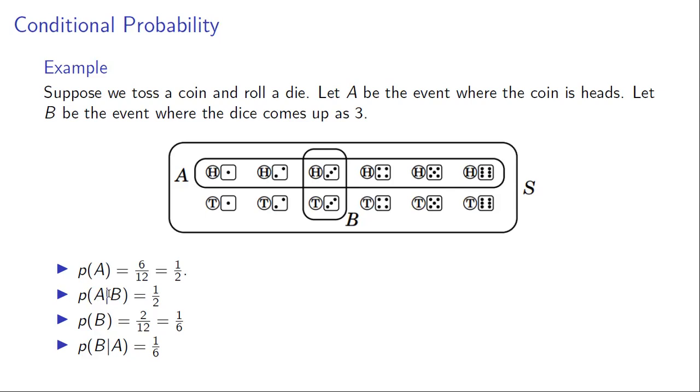Similarly, the probability of B was 1/6, and knowing that A occurred didn't tell us anything about B. The probability of B given A was still 1/6. So in this case, we say that A and B are independent: the occurrence of one has no effect on the occurrence of the other.